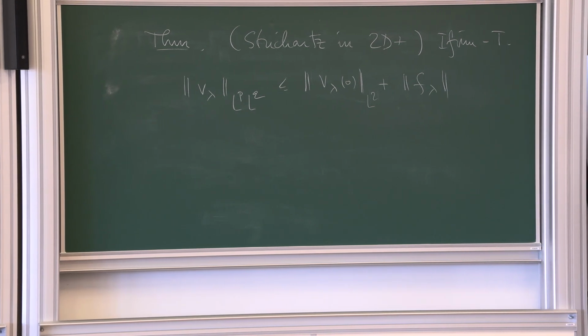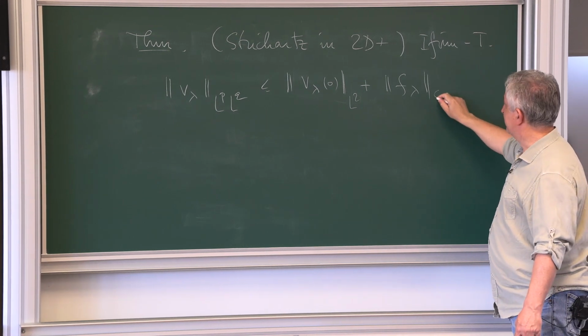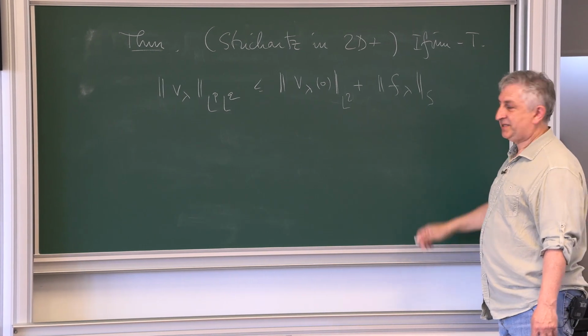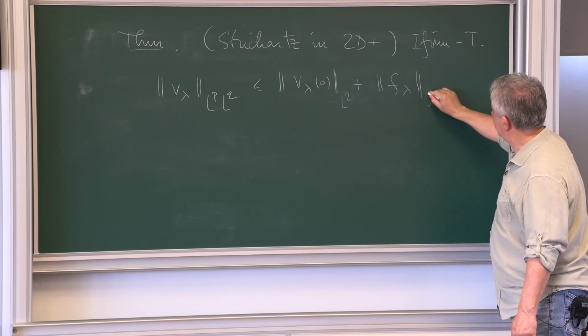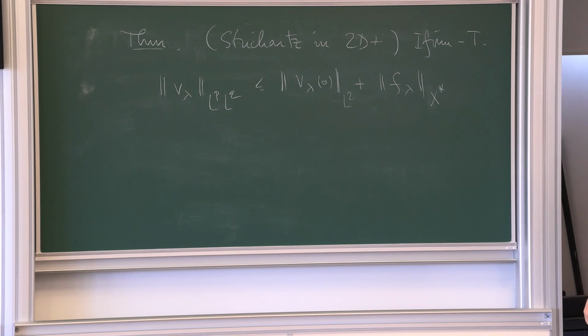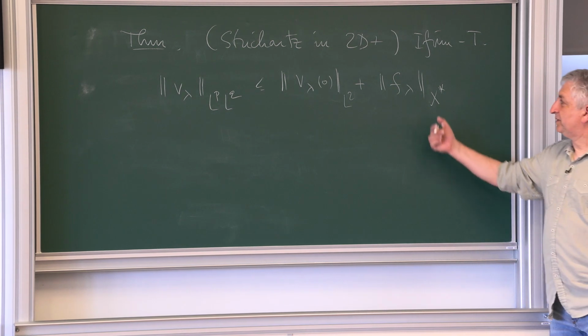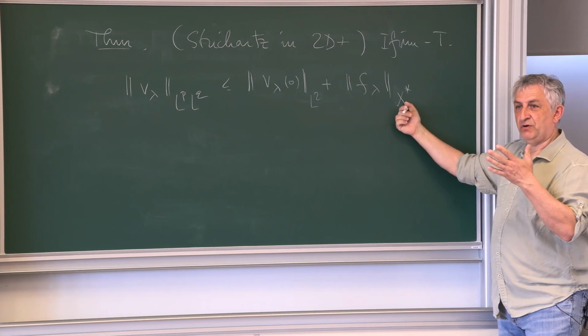And now I want to see where I put this F lambda. You might say this should be a Strichartz space, but instead of the Strichartz space, here we'll go straight to some space like our X star from before. The reason we want to enlarge the space of the source terms is because we have exactly the same problem as before.